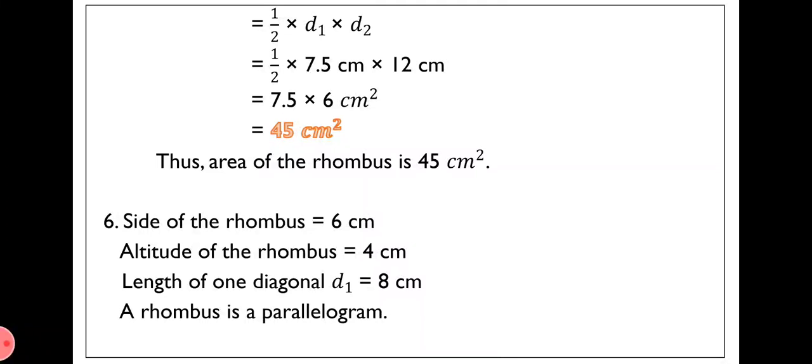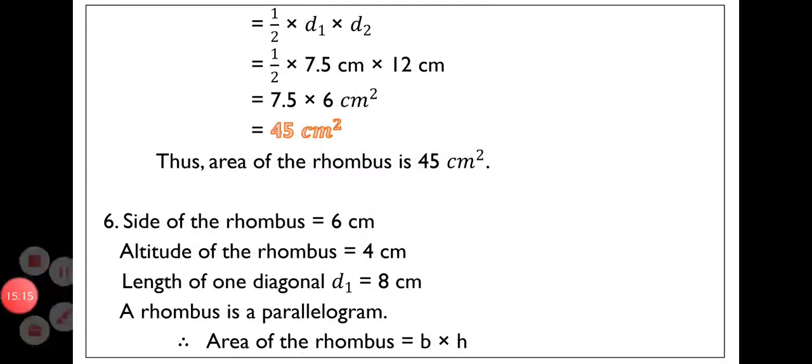of a parallelogram to find out area of rhombus first, because its height and base both are given. In rhombus all the sides are equal, so you can take altitude with any of the sides. So area of rhombus equal to base into height.